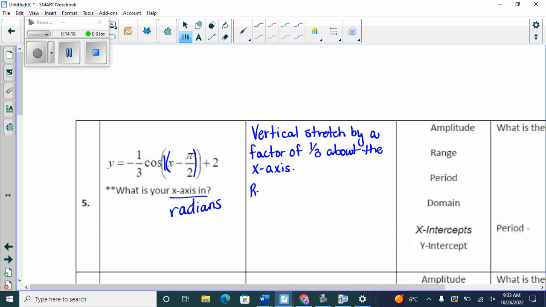I have a reflection in the x-axis. I have a horizontal phase shift.